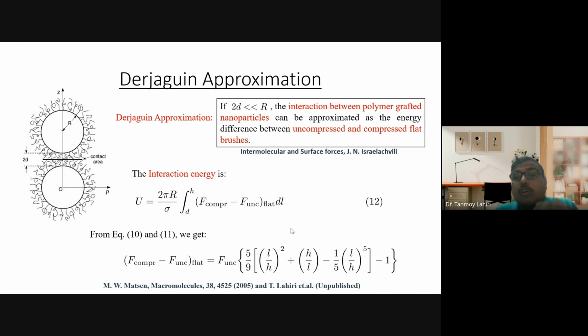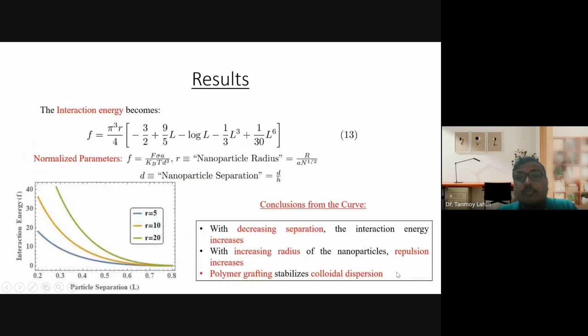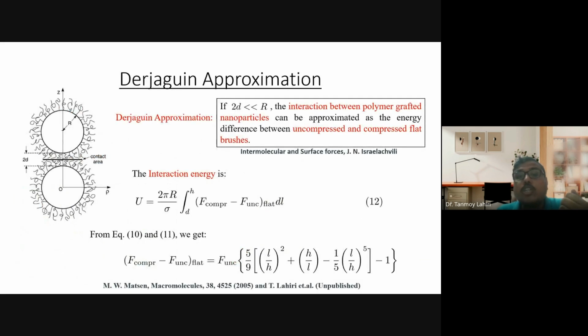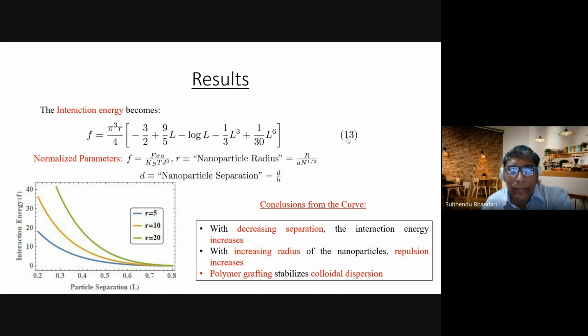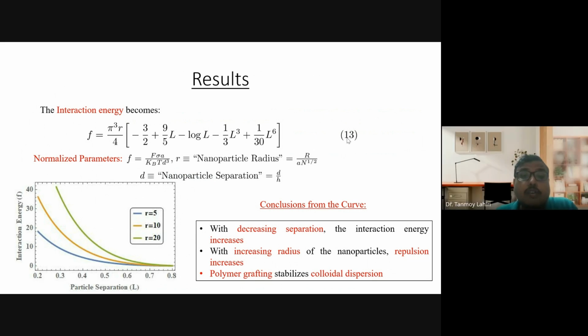And since we have already calculated these two free energies, this is the free energy difference that I have calculated for a flat brush. And here is the result: if we calculate the integration in equation 12, we get equation 13, where I have basically normalized some of the parameters, for example, the nanoparticle radius and the nanoparticle separation, and we have got an analytical result in equation 13.